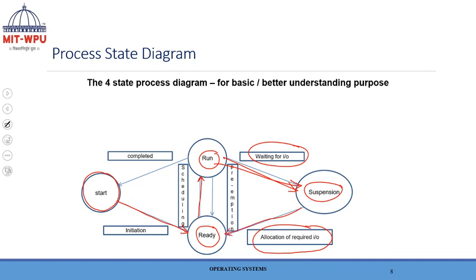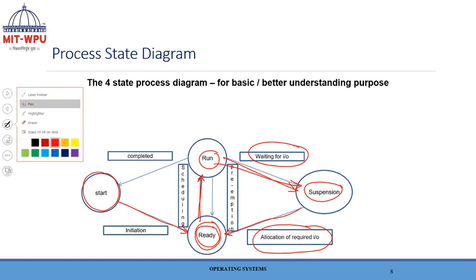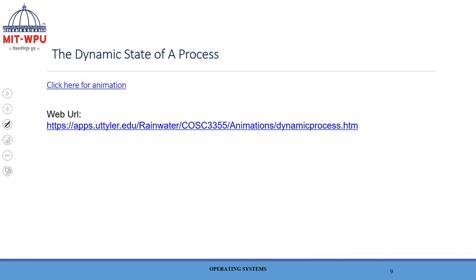And after the scheduling is carried out, and once the processor time gets allocated to the process, then that process which is in ready state again moves to run state. Likewise, the process management task is supposed to be executed in a systematic manner. Now let's see the dynamic state of a process with the help of animation.